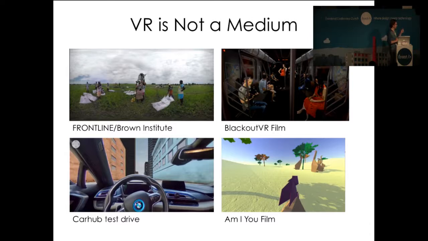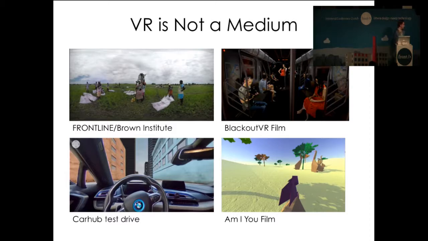Now, we can do things like have 360-degree videos in South Sudan, so we can empathize with the people on the ground, we can understand the problems that they're having with war coming to their country. We can go to New York. There's a very cool film called Blackout VR, which is being created, where they actually do volumetric video capture in the subway, and then they're taking the holograms of the people, of their characters, and putting it into the 3D environment that they've created.